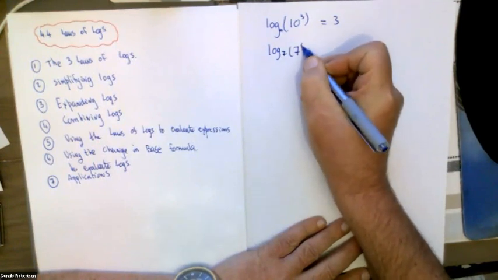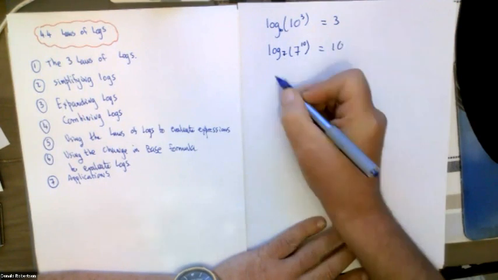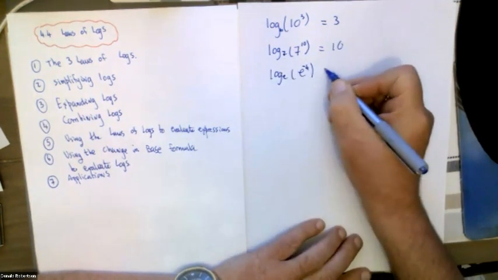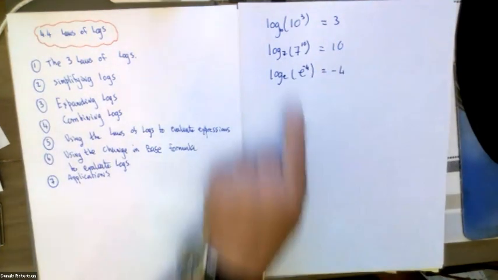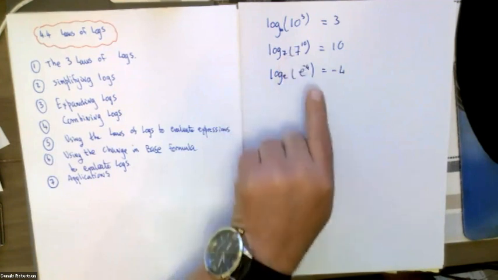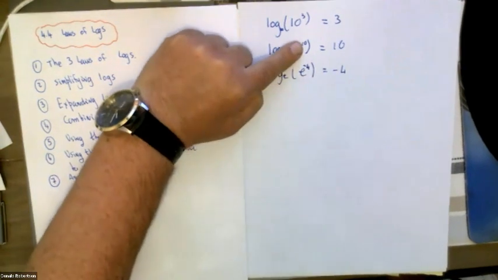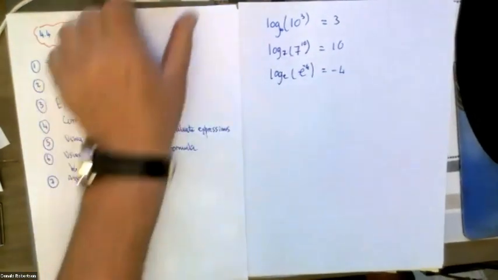The log to base 7 of 7 to the power of 10 is 10. The log to base -4 is -4. Do you see that a log followed by an exponential, if they use the same base, eventually cancel each other out? And so the answer is simply just going to be the missing power.